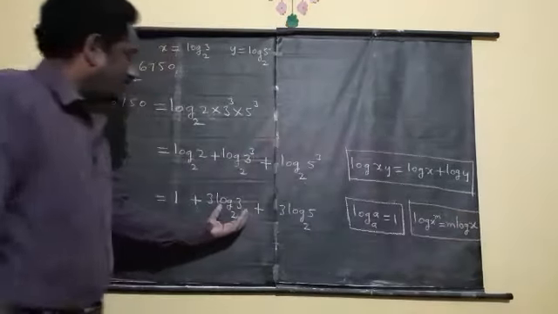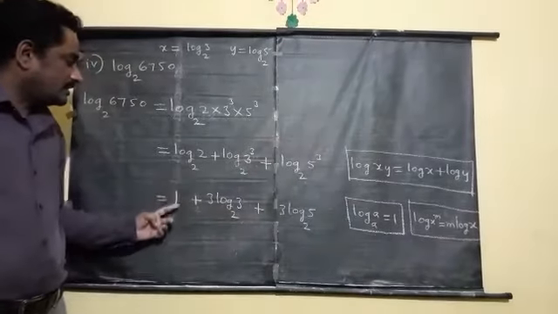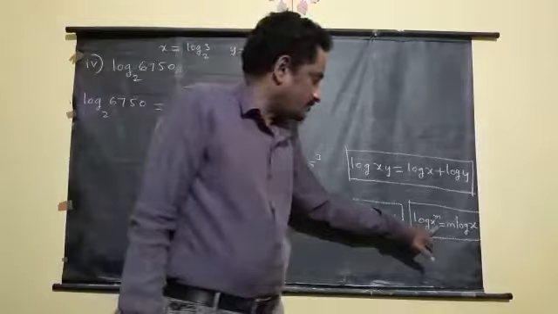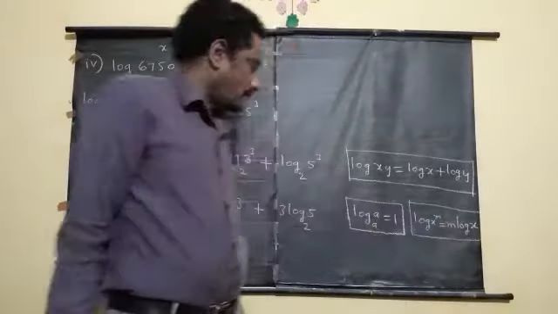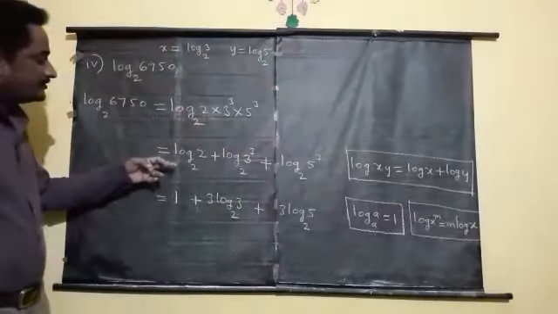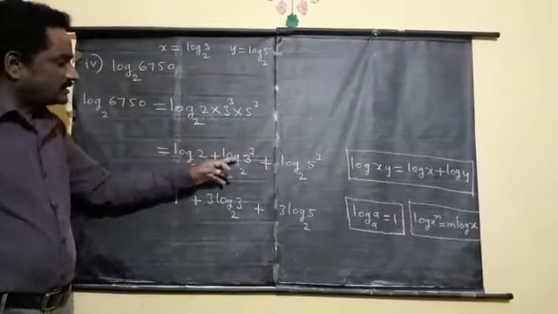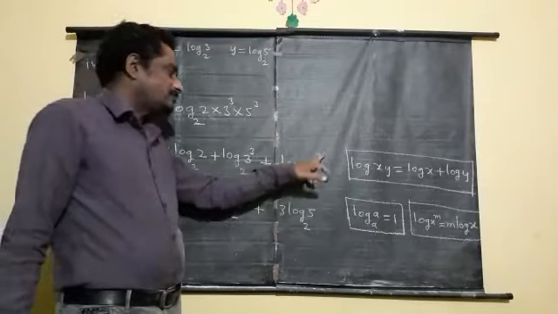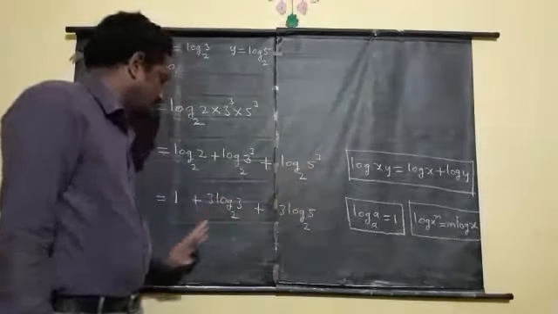In step 2 we used log a base a is equal to 1. For these two steps, log x to the power of m is equal to m log x. Once again, log 2 base 2 is equal to 1, plus log 3 cube is equal to 3 log 3 base 2, plus log 5 cube is equal to 3 log 5 base 2.